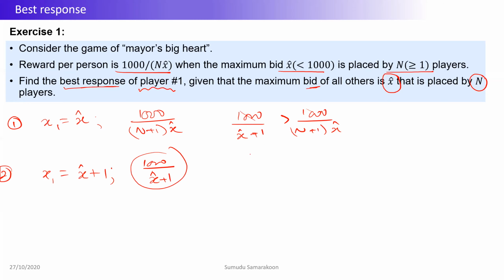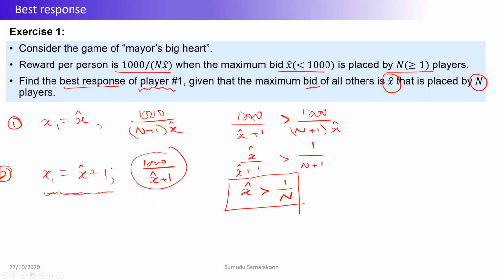So we are here with X hat power X hat plus 1 should be larger than this, right? So now if we deduct here, it would be X hat 1 over n, right? Yes. This says under this condition, placing a bid that is slightly larger than others is beneficial.